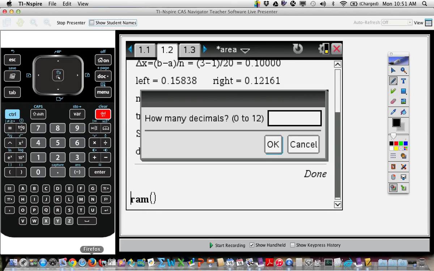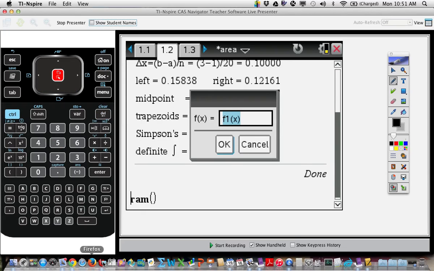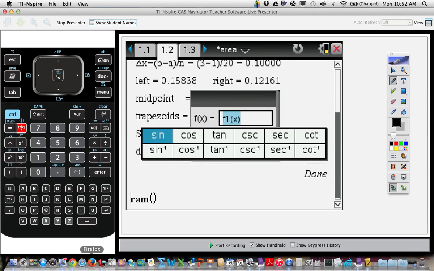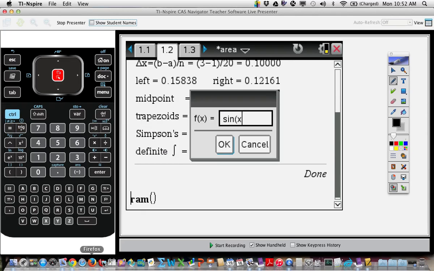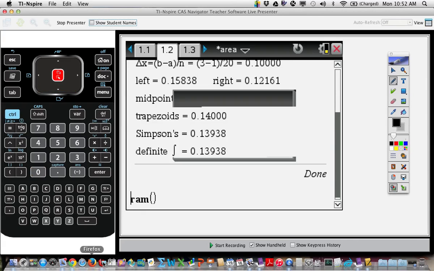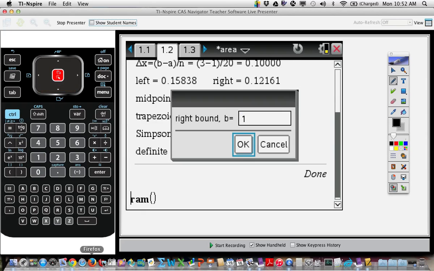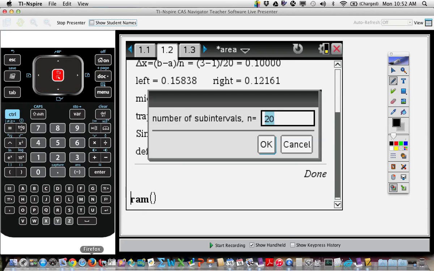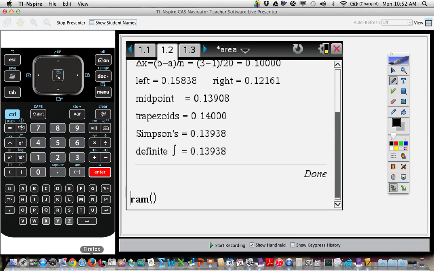I would do like 5 decimals generally. Then you've got to put your function in. We're doing 0 to 1, and we're doing 10 subintervals.